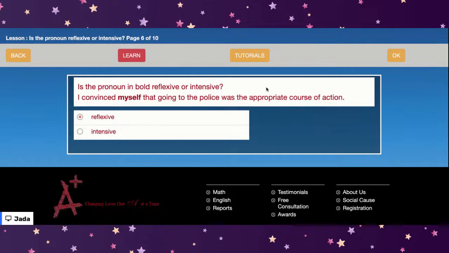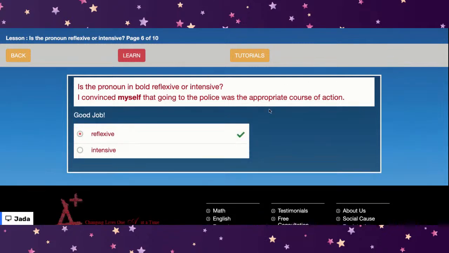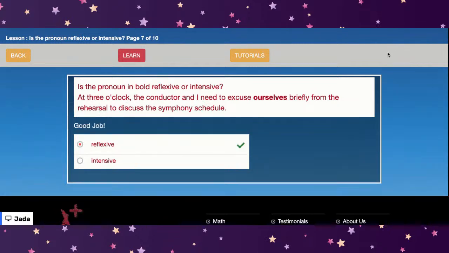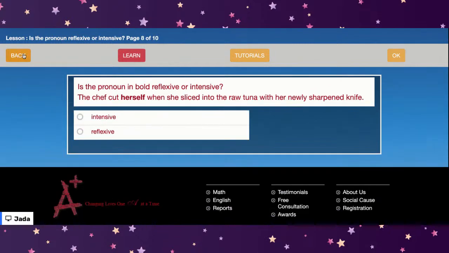What is that? Reflexive. Okay. So at 3 o'clock, the conductor and I used to excuse ourselves briefly from the rehearsal to discuss the symphony schedule. So you can say reflexive. All right, so that's it for the pronoun.